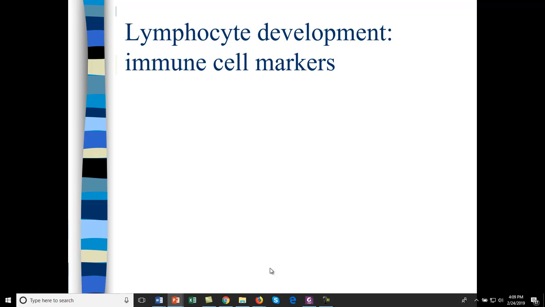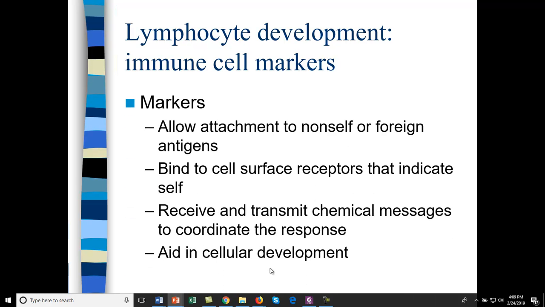Okay. Now, in order for lymphocytes to develop, they have to have cell markers. And these markers will allow attachment to non-self or foreign antigens. They also bind cell surface receptors that indicate self.